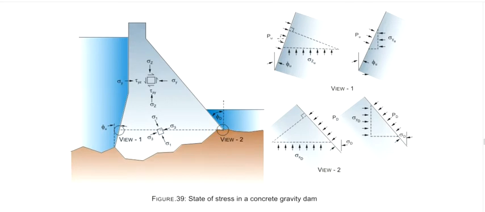Here is view one of this section of this wedge, which can be clearly seen in this figure. Here you can see the angle of internal friction phi u, sorry.